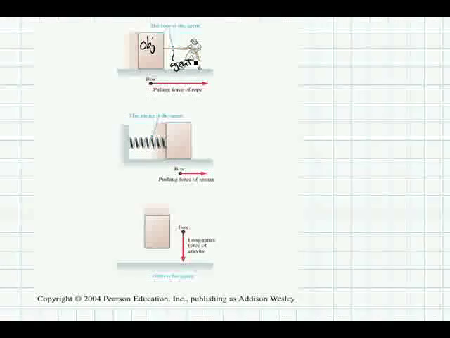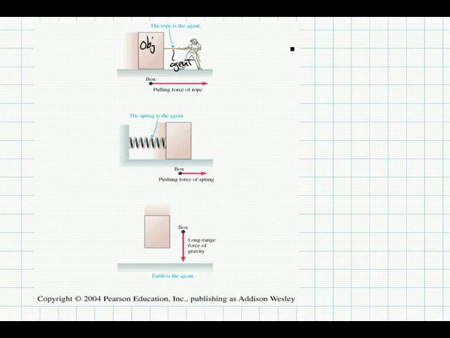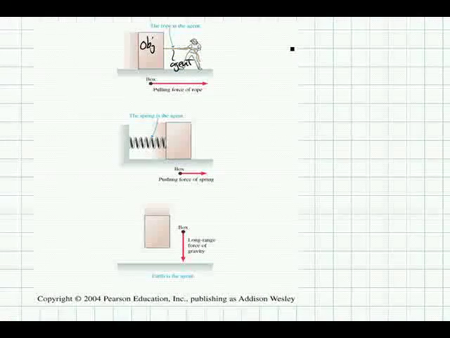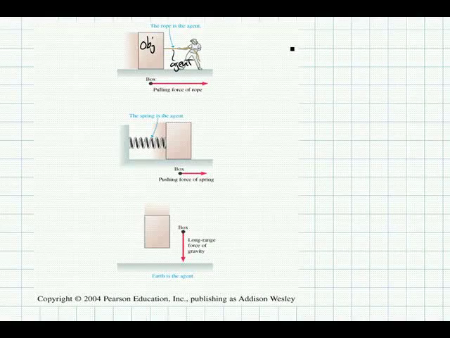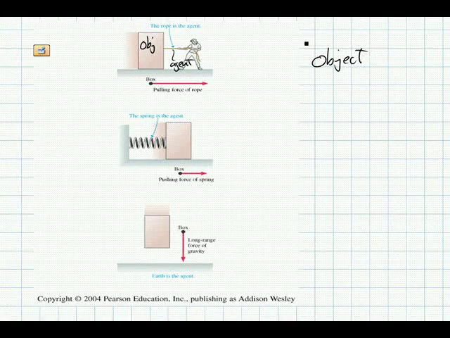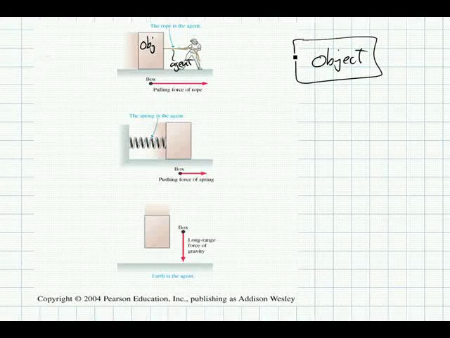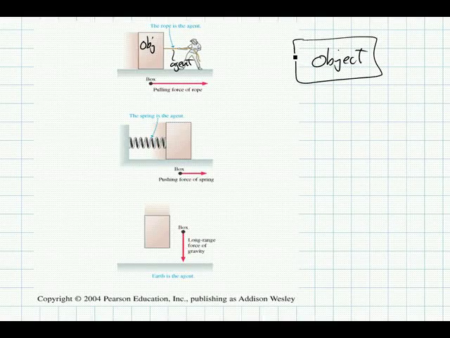Whenever you're trying to identify the types of force, as I said, you try to identify your object. Here we know the block is our object. Then you need to decide what is the agent that is exerting the force onto our object.